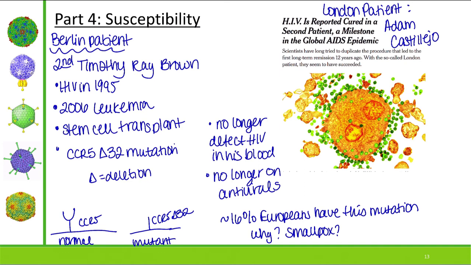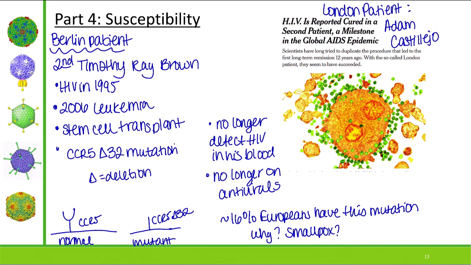So, of course, this is a very, very expensive procedure, and we have a lot of work to do moving forward in terms of, is this a viable treatment for patients with HIV or not? But nevertheless, both are very cool stories of, I'm going to say curing, in quotations here, patients.